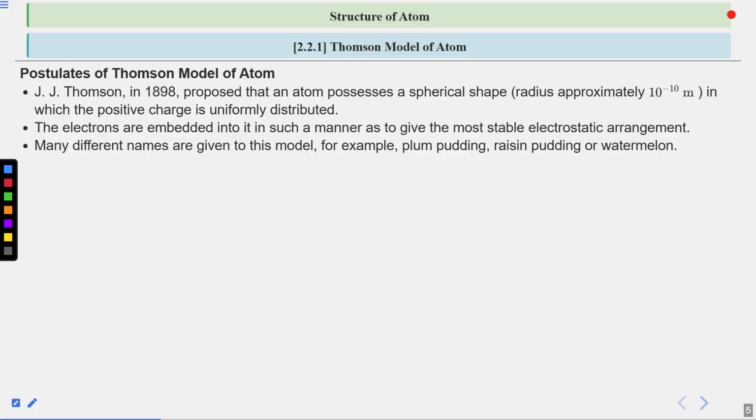Now, there are many different names given to this model in relevance to our daily life, like the plum pudding model or the raisin pudding model or the watermelon model. Why are they given to this model? You can understand this with the help of this image.